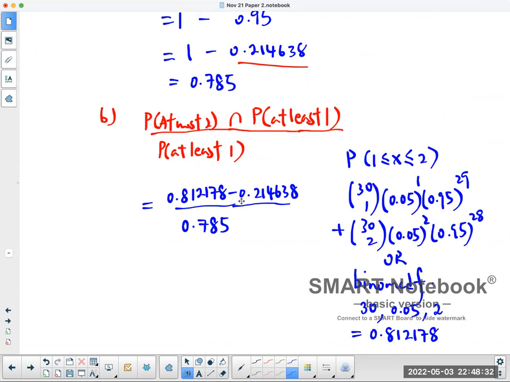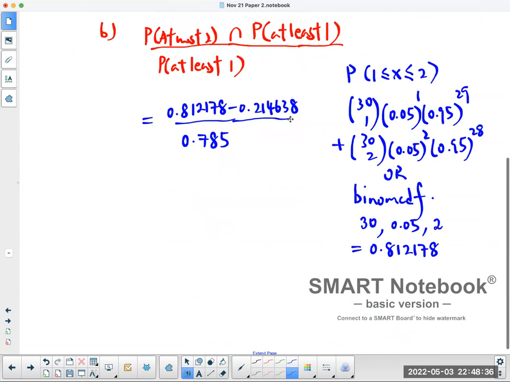So that's the sum of 1 and 2, right? So here I do 2 subtract 0, or you can add the 1 and the 2 separately. So doing that math and punching in the calculator, you should be getting 0.761 if you round off to 3 sig fig. Okay.